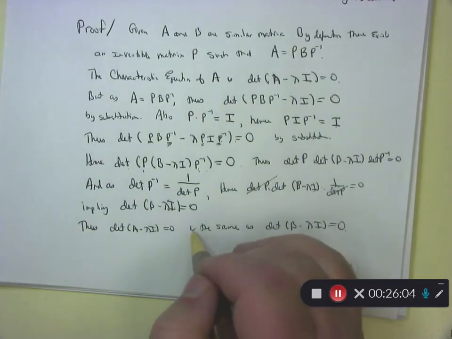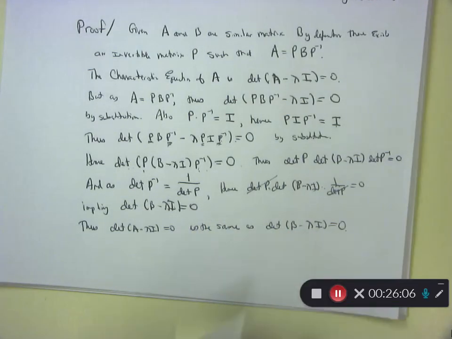And once you have the exact same characteristic equation, immediately you get the exact same eigenvalues because you're just taking that characteristic equation and setting it equal to 0. So solve for lambda and you're going to get the same guy because they're the exact same equations, you get the exact same lambdas. Does that make sense? Okay?